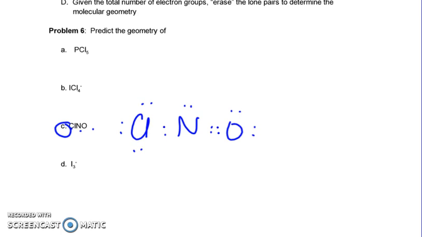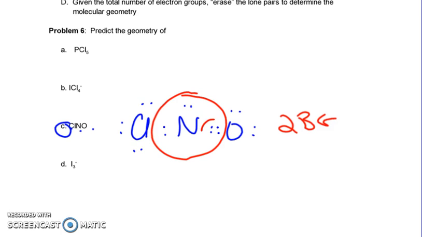And so now what? Look at your central atom. Here it is. How many bonding groups do I have? I have 2 bonding groups. How many lone pairs do I have? 1. So what's 2 plus 1? 3. What's the basic shape for electron group 3?